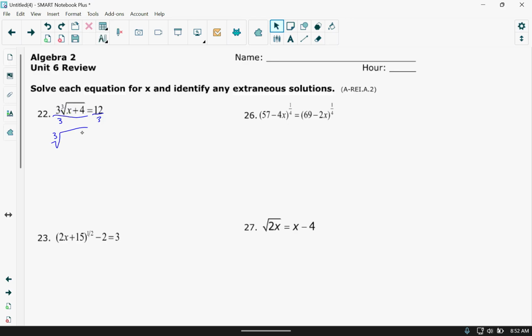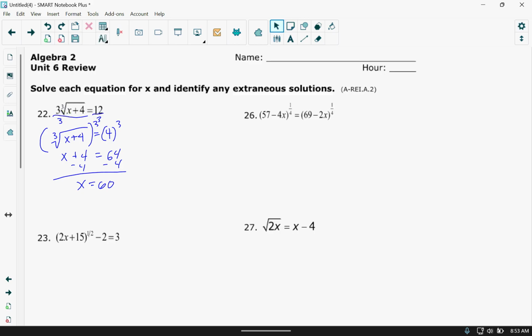So we'll have the cube root of x plus 4 is equal to 12 divided by 3, which is just 4. Then we're going to raise this to the third power, doing it to both sides. The cube root raised to the third power cancels, so you're just left with x plus 4 on the left, and on the right side you have 64. Then we subtract 4 and subtract 4, so we get x is equal to 60.